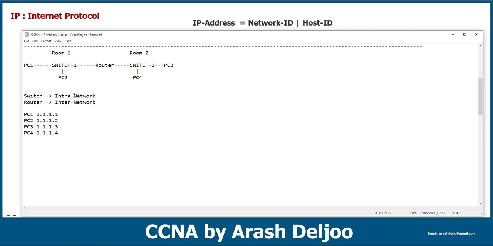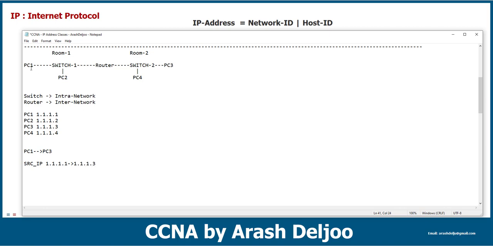Assume that this is the IP addressing. Now PC1 needs to send traffic to PC3, for example. Because of that, the source IP of the packet is 1111, and the destination IP is 1113.